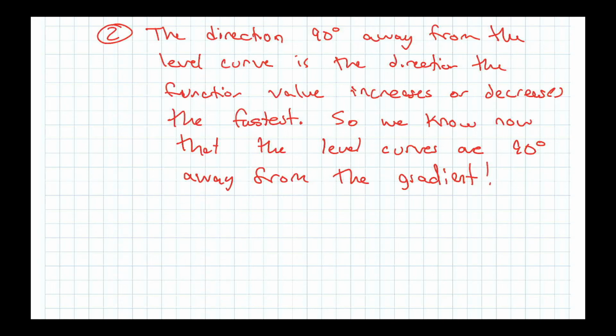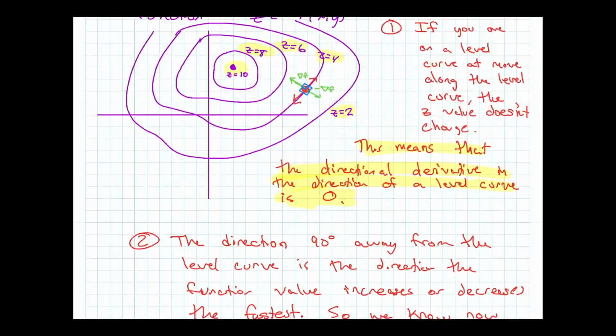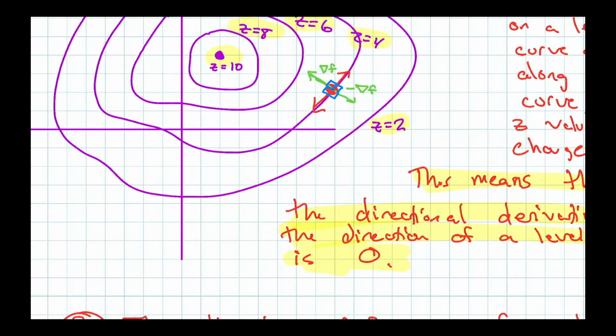So that's what we know. There's a picture illustrating that concept. You've got the level curves here, the gradient's 90 degrees away, but there's 90 degrees that way and 90 degrees that way from the level curve. So one is uphill and one is downhill, and 90 degrees away is the level curve where the function doesn't change. So that's what we know.